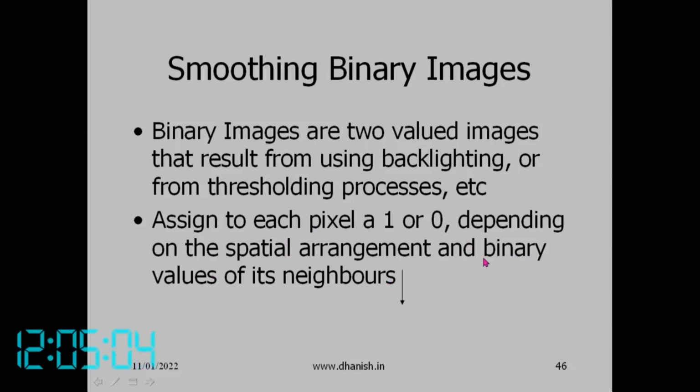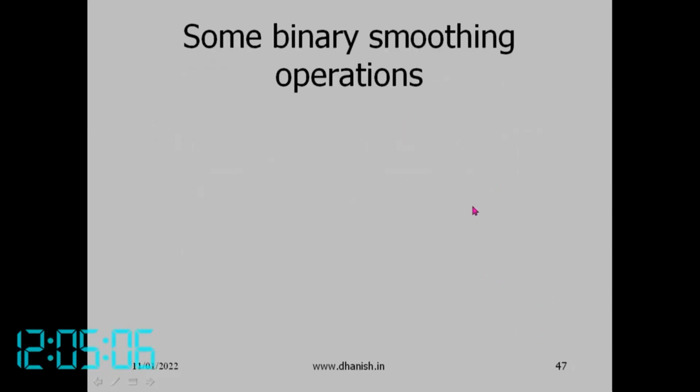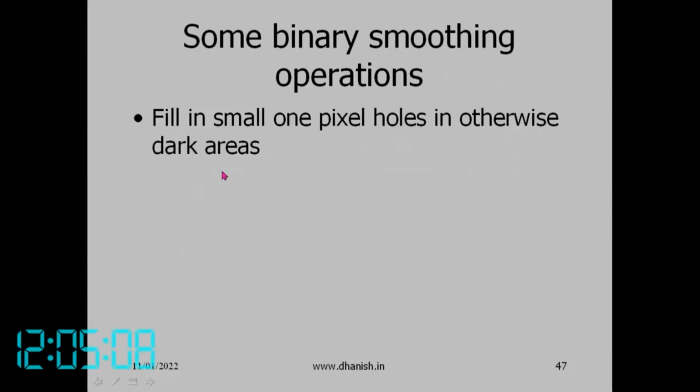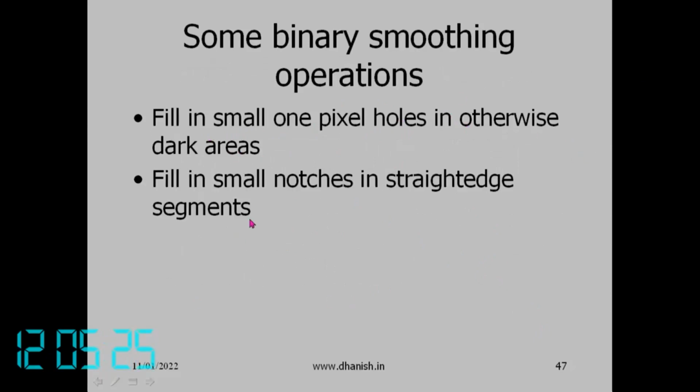Depending on the spatial arrangement of the binary pixels, there are some standard binary smoothing operations. Fill in small one-pixel holes in otherwise dark areas. Some small white dots are there in an otherwise dark area. How do we remove them? That is through the binary smoothing operation. Fill in small notches in straight-edge segments.